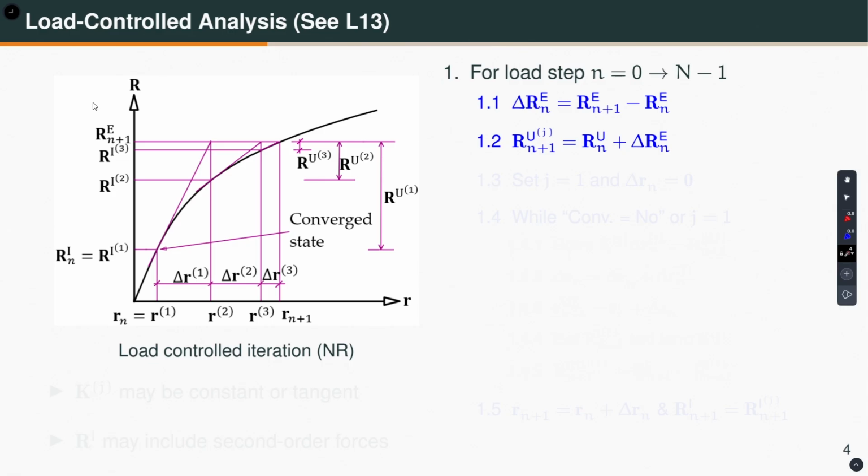So, in a load control analysis, let us say that at this point, the structure is in equilibrium. This is my nth load step. So, the displacement is this point and the resisting force is R^I_n, which is in equilibrium with the external force vector R^E_n. Okay.